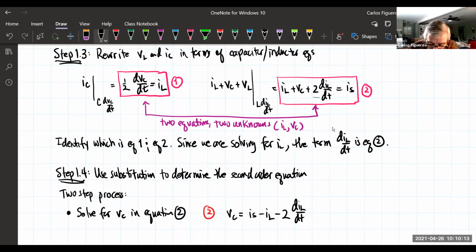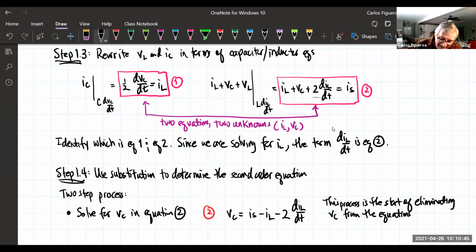And you could see that I'm rewriting VC in terms of the inductor currents. So this process is the start of eliminating VC from the equations.